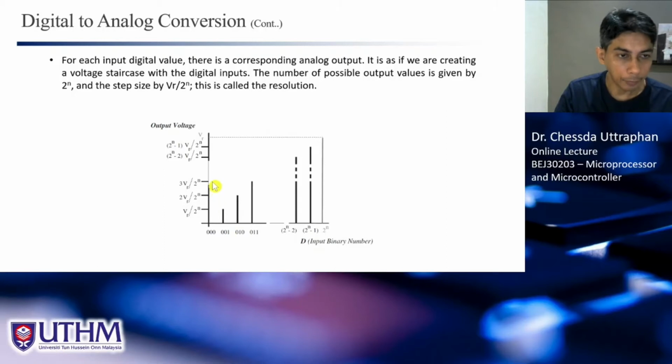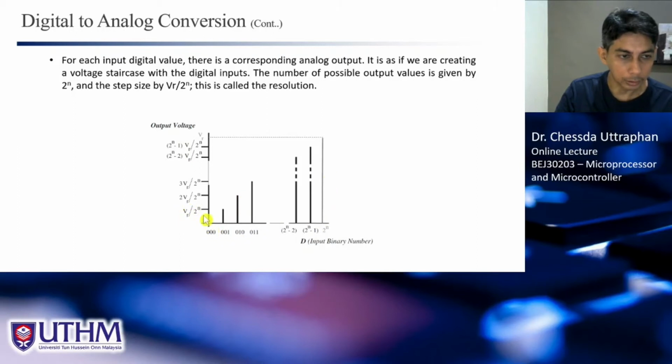And when we plot the graph of output voltage versus the digital value, we can have something like this, right?